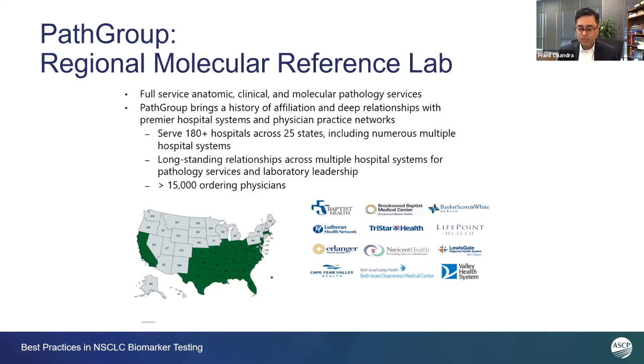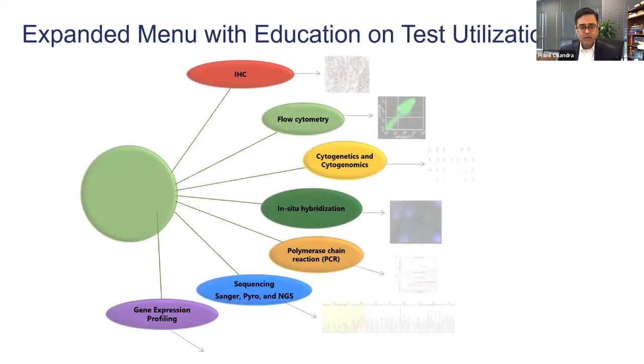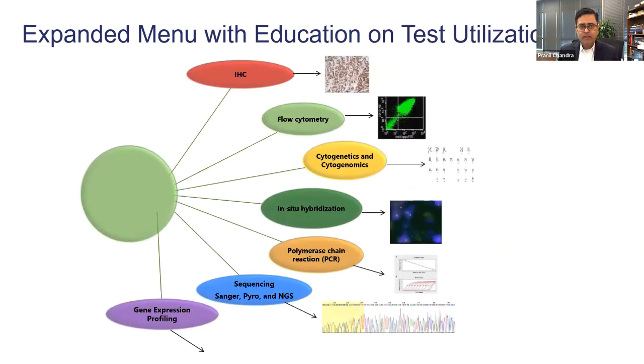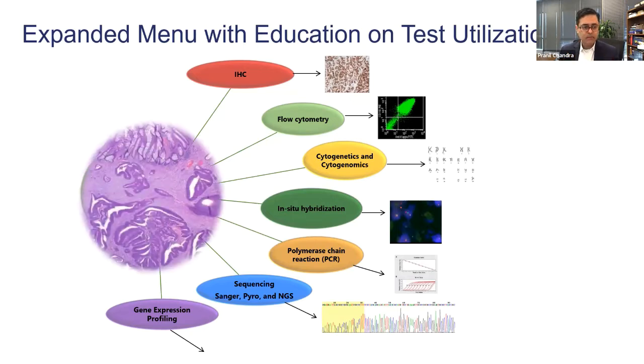So the one thing I wanted to emphasize is that we have a very collaborative and educational approach to implementing testing. And so when you look at the different types of tumors that can come across a pathologist's desk and the microscope, there are a number of different molecular tests that can be ordered.